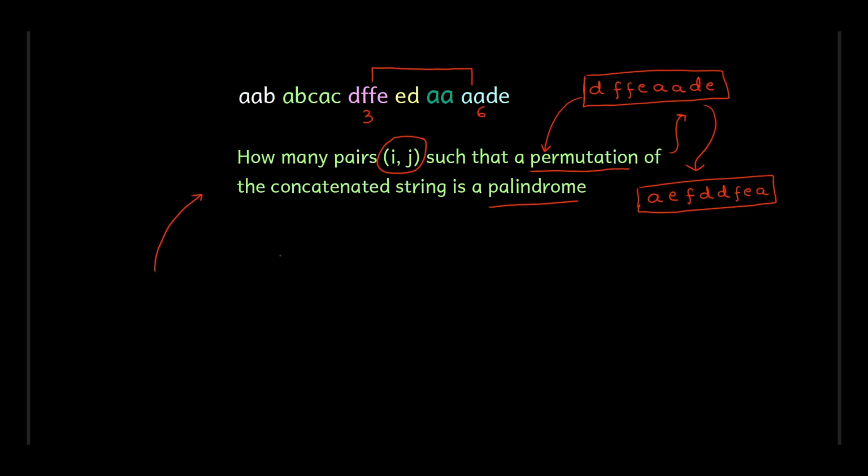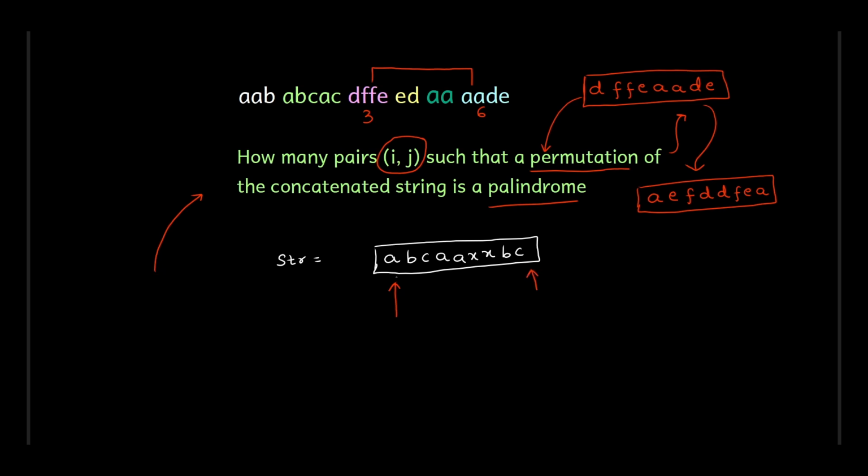If you are given any random string, let's say a b c a x x b c, and you are asked to find whether this string itself is a palindrome or not, then you know that the standard algorithm is to have two pointers, one from left and one from right.